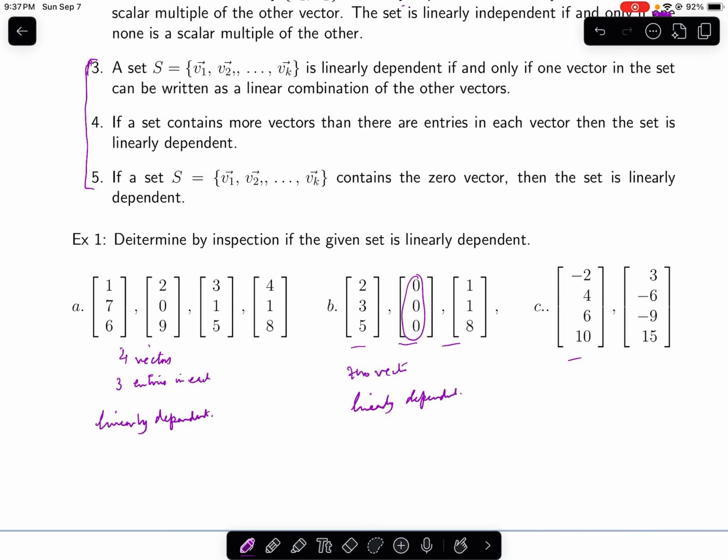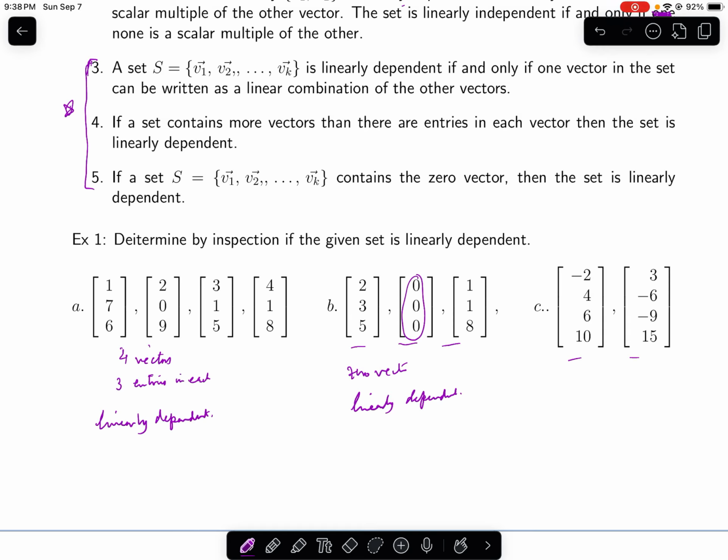Okay. Now this one, we have two vectors, but there are four entries. We have no condition here which talks about what if the number of vectors is less than the entries. We don't know about that, so we cannot say that it will be linearly independent or linearly dependent.